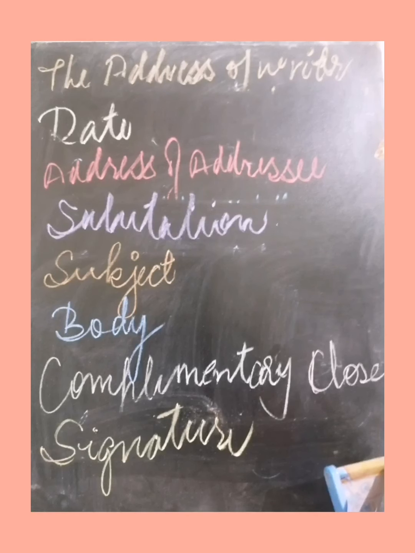Signature here doesn't mean that you have to sign, but after writing the complimentary close like thanking you, yours sincerely, you will write your name if it is given in your question, or you will just write XYZ. And if it is given that you are the president of this, you can also write the name that is given in the question, and after a comma you can write your designation.